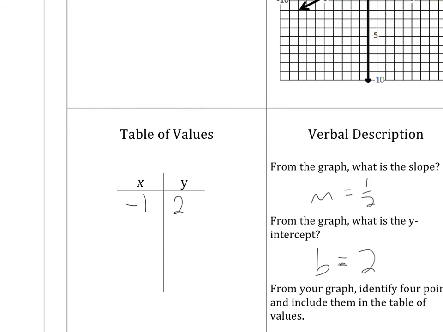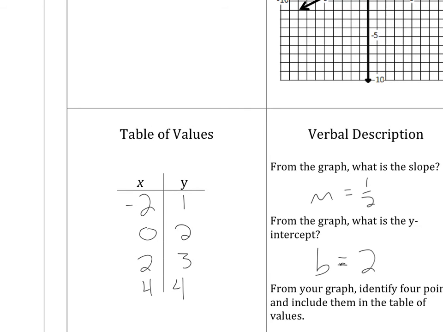That y-intercept, no, that was -1. I got that backwards there. I'm sorry, that was -2, positive 1. Then our y-intercept of 0, 2. And then the next point was 2, 3. And then the next one was 4, 4.